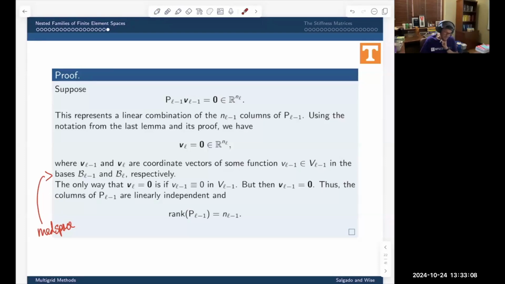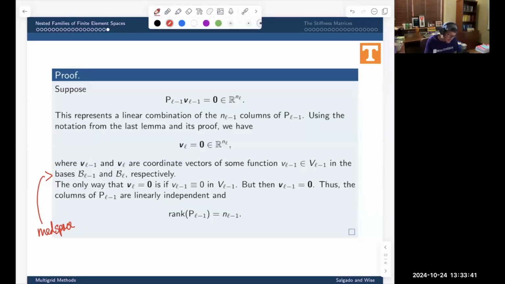So let's set this product, P_{L-1} v_{L-1}, equal to 0. This represents a linear combination of the N_{L-1} columns of P_{L-1}. That's because anytime I do a matrix times a vector, that's a weighted column sum. We covered this back in 571, classical numerical analysis.